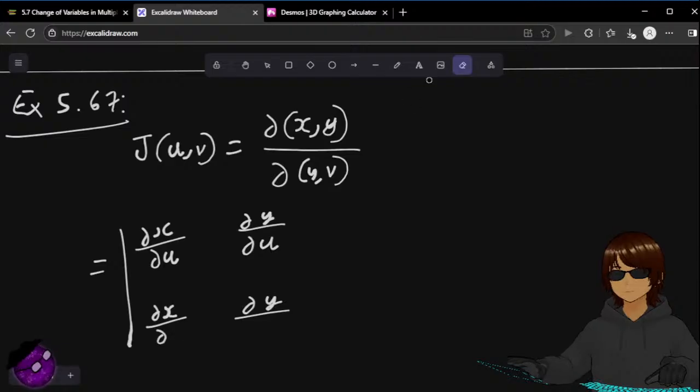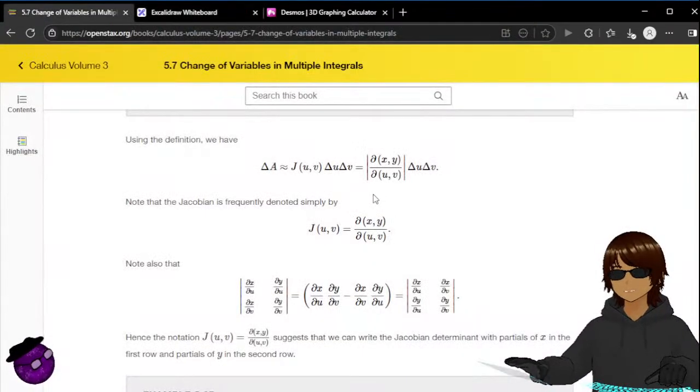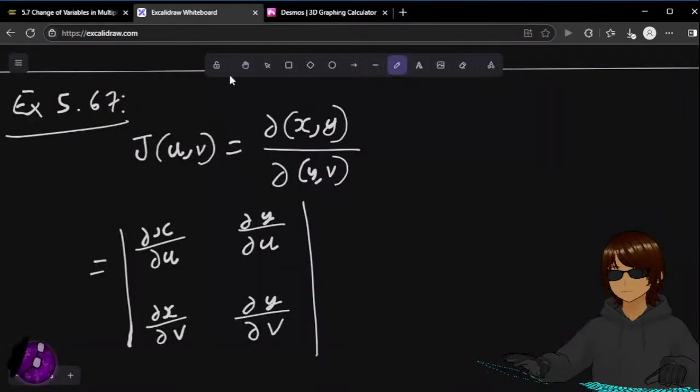Wait. u and then v. This is the Jacobian, right? But here's the thing.